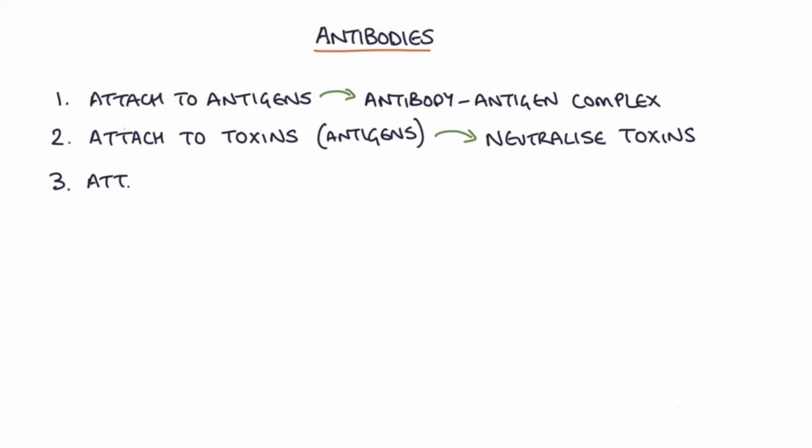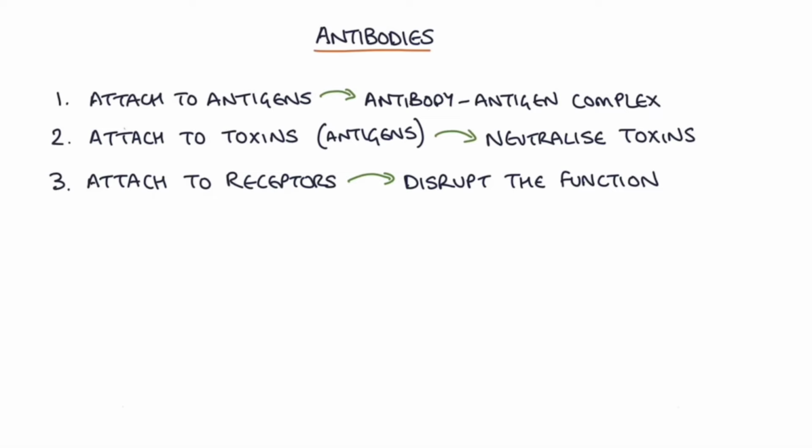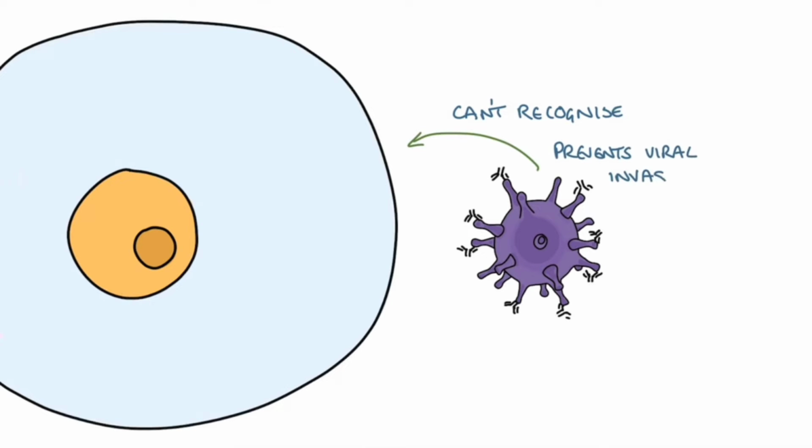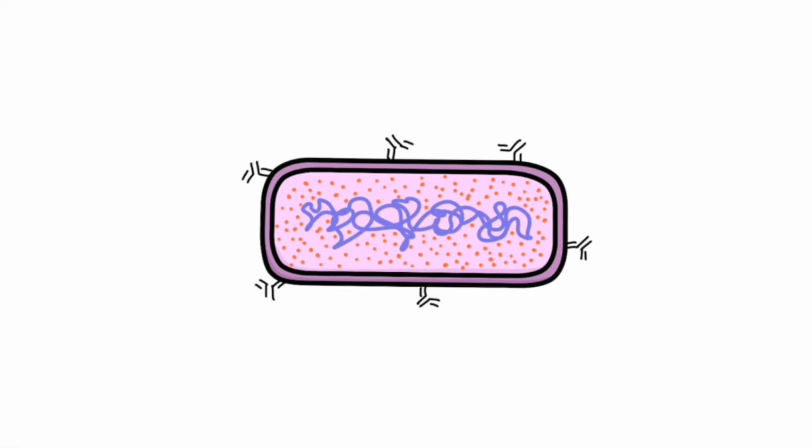Thirdly, antibodies can attach themselves to the receptors on pathogens and disrupt the function of that receptor. So for example, it could stop viruses from being able to recognize the cells that it wants to invade and therefore prevent viral invasion. Or it could bind to receptors in a bacterial cell wall that are important for that cell taking in essential nutrients, and therefore starving the bacteria of those nutrients and reducing its pathogenicity.